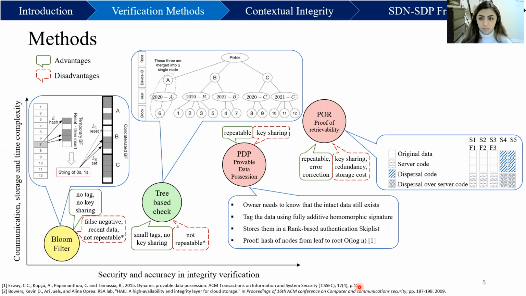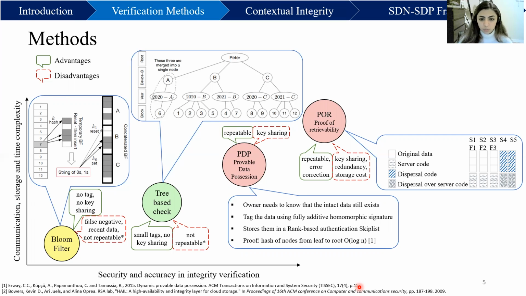It's repeatable. It means that you can check data existence without having the third party retrieving the data, and it requires key sharing, so a little more overhead. Experiments show that the storage overhead is also a little more than the tree-based, and also more than Bloom filter.